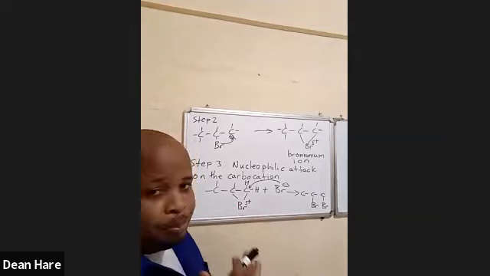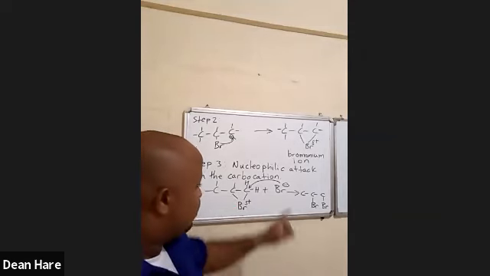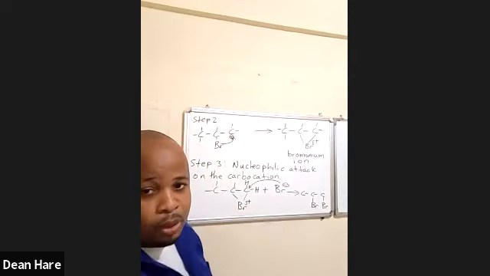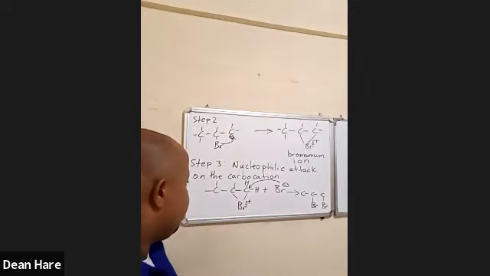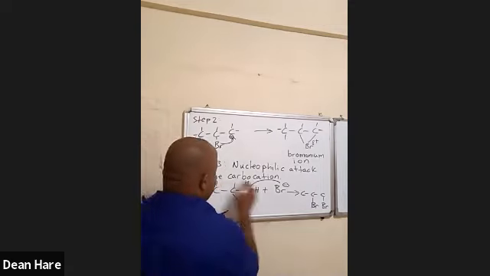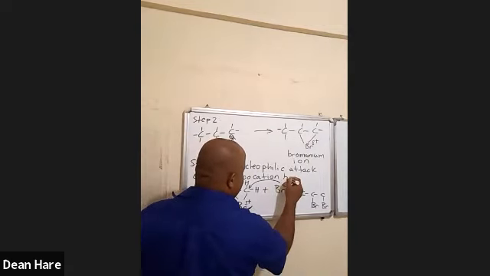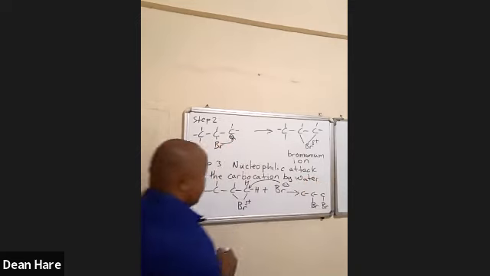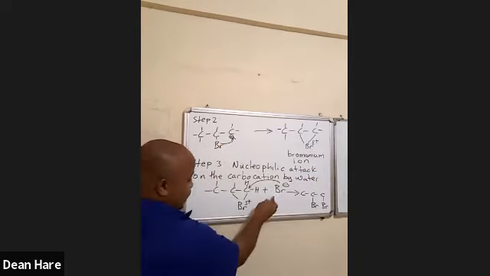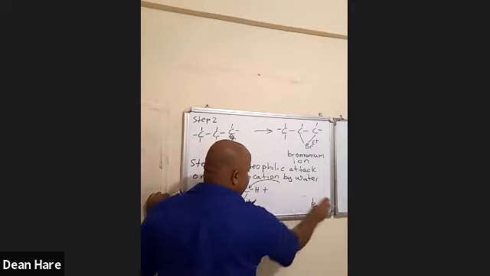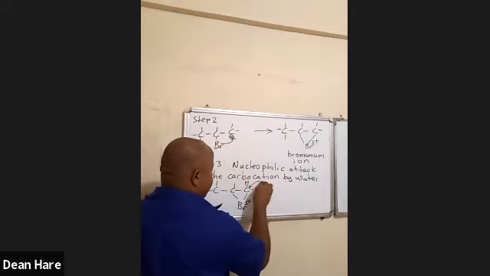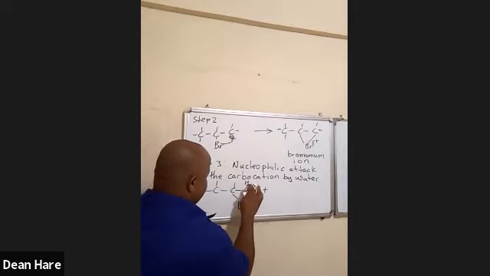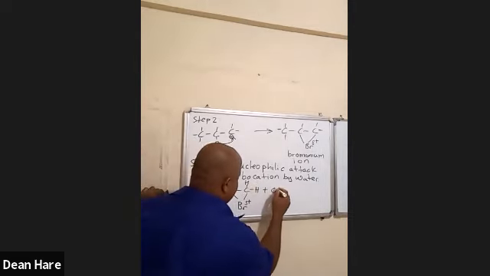So for aqueous bromine, you are not going to use the bromide ion here. You are actually going to use water. So it's nucleophilic attack on the carbocation by water. All right. If it was liquid, this is what you would do. But it is not liquid, it is aqueous, and so you are going to use H2O.